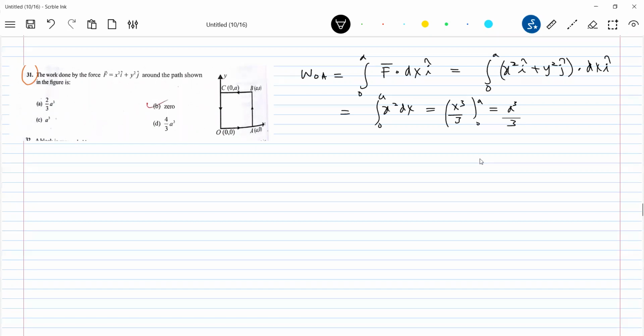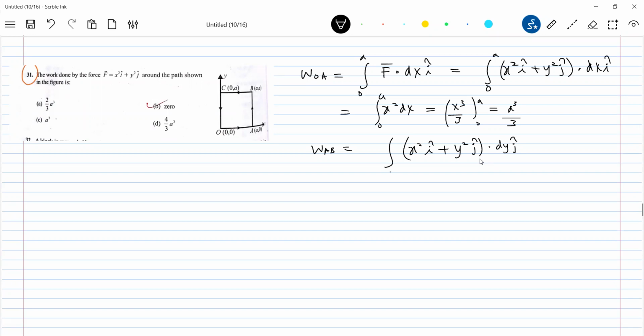Then along the path AB. Along the path AB, where are you now? You are at a comma 0, and you are moving to a comma a. Therefore the force will be x square i cap plus y square j cap dot dy j cap.